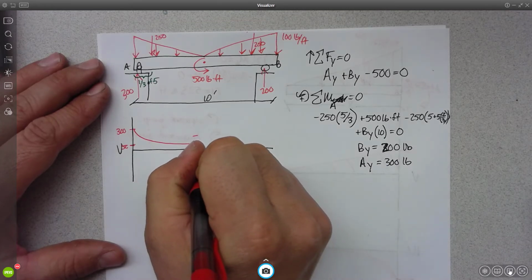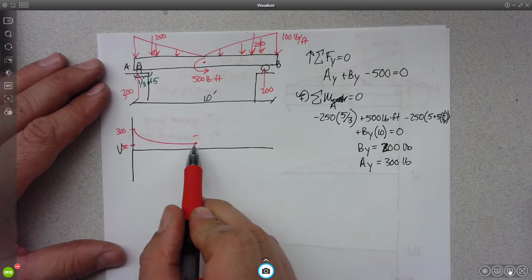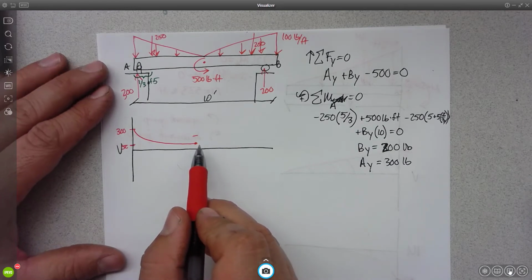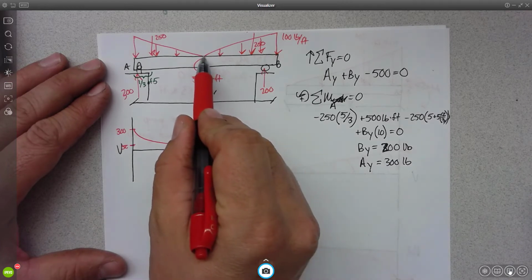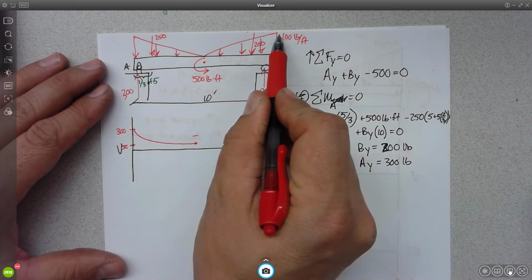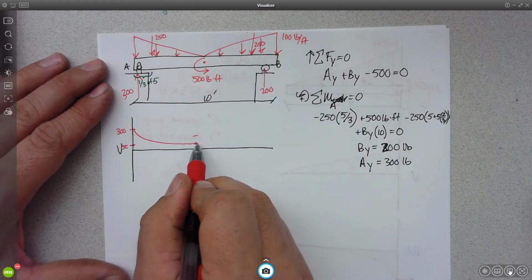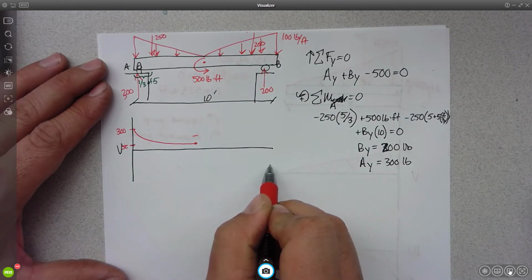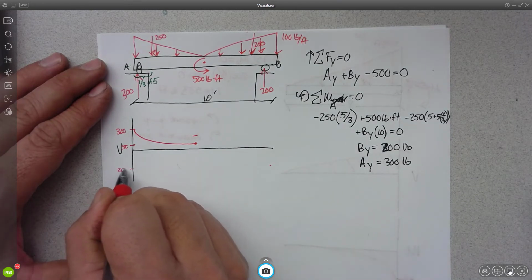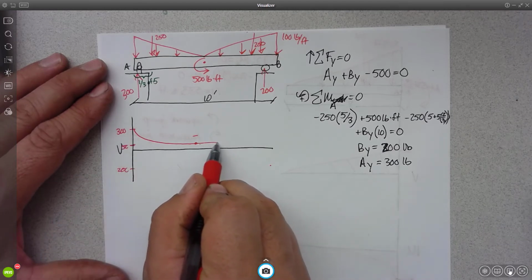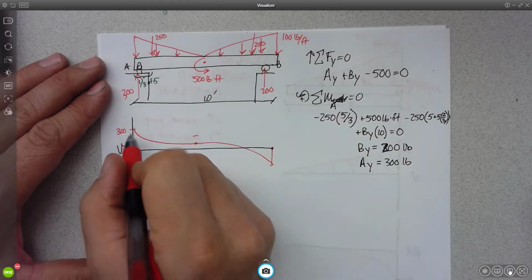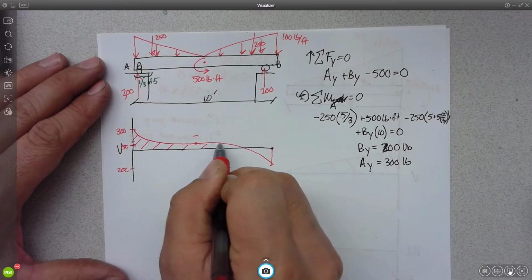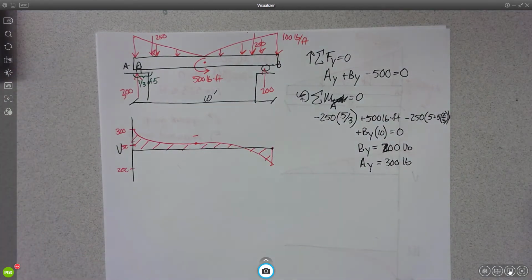All right, so from here, am I going back up? I'm continuing down, right? I'm just switching concavity because now I have a zero slope, increasingly negative. What's my change going to be? It's going to be 250. And then I pop up 200. Whew! Hot dang. That is one funky looking shear and moment diagram.